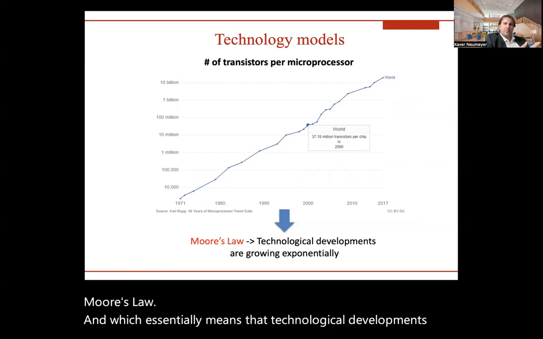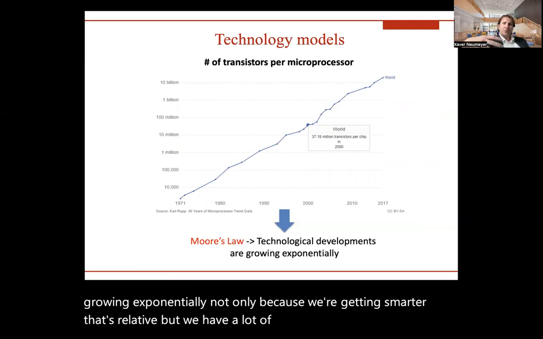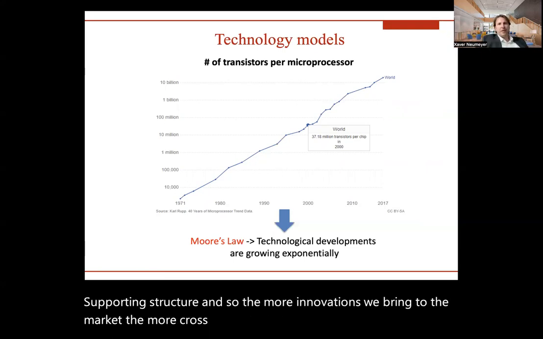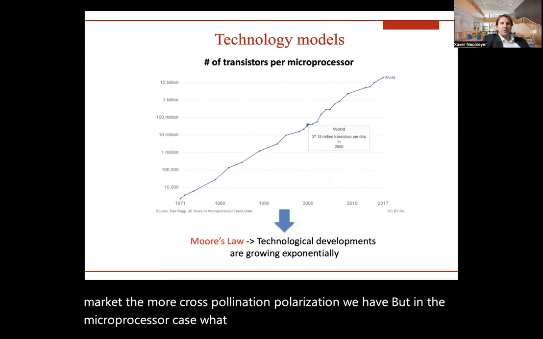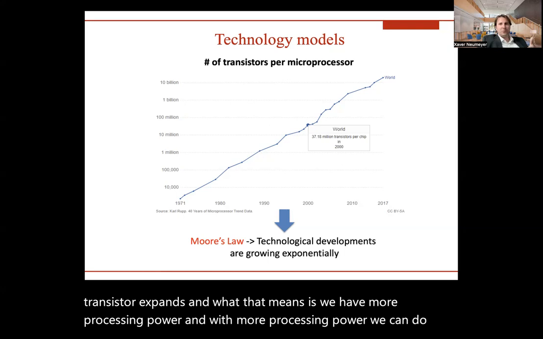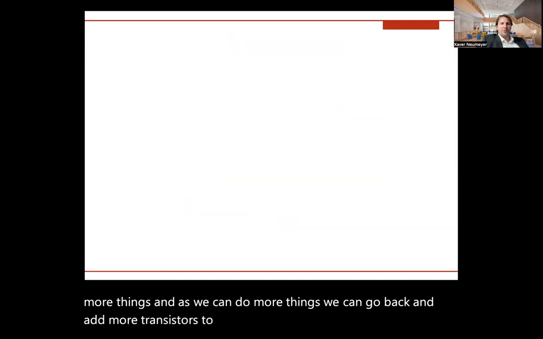Not only because we're getting smarter, that's relative, but because we have a lot of supporting structure. The more innovations we bring to the market, the more cross-pollination we have. In the microprocessor case, the number of transistors expands, which means we have more processing power, and with more processing power we can do more things. And as we can do more things, we can go back and add more transistors to the microprocessor.